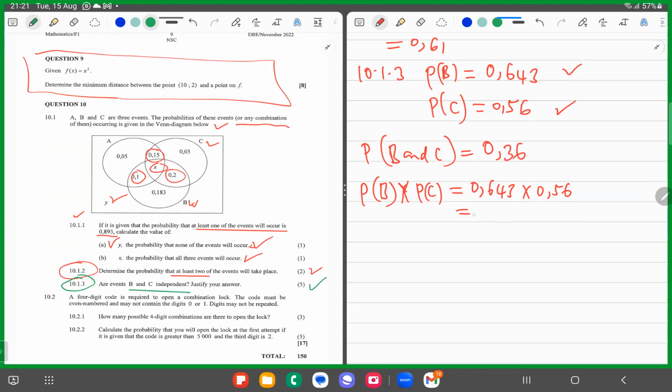You multiply them. If you use a calculator, you get 0.36. And therefore, it means the probability of B intersection C, which is B and C, is the probability of B times the probability of C. The conclusion, therefore, is that B and C are independent.